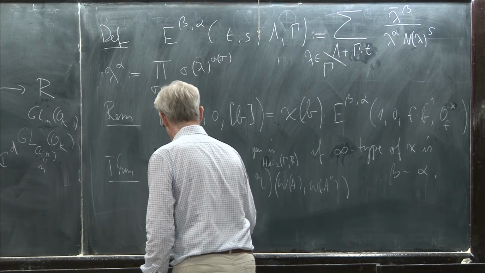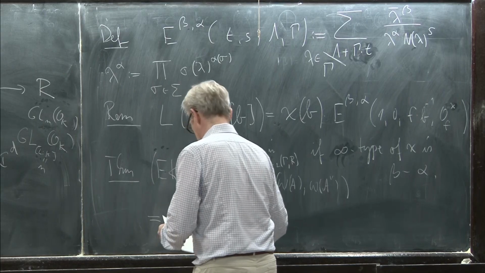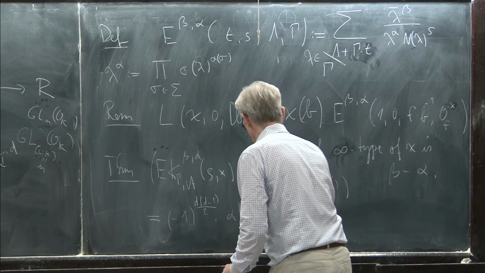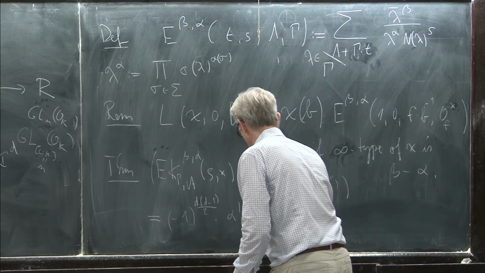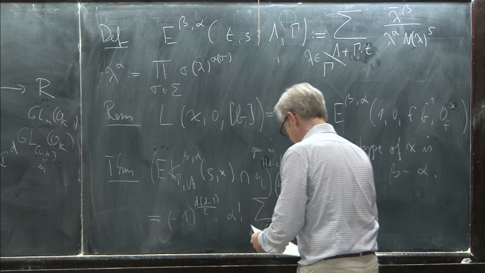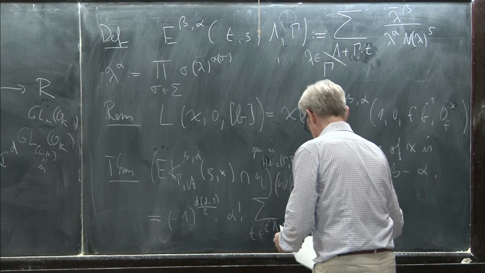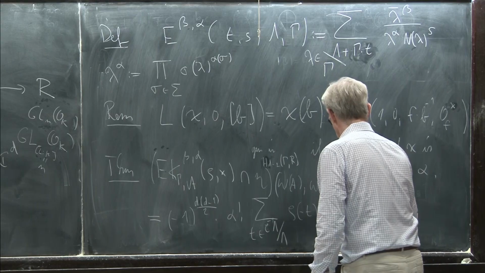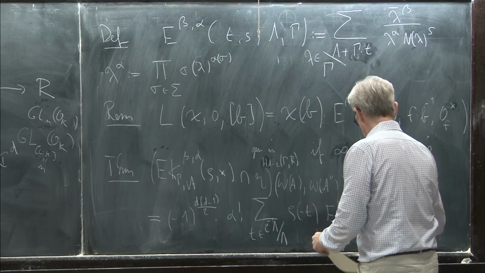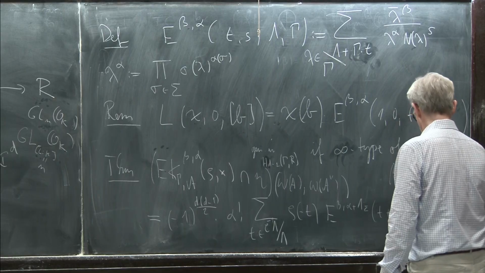This is some sign, D is the dimension, times D-1 half times alpha factorial. This is a multi-index. And then you take the sum over all these torsion sections, C inverse lambda divided by lambda, and rho of minus T times this Eisenstein series beta alpha plus 1 sigma T plus X 0 lambda gamma.